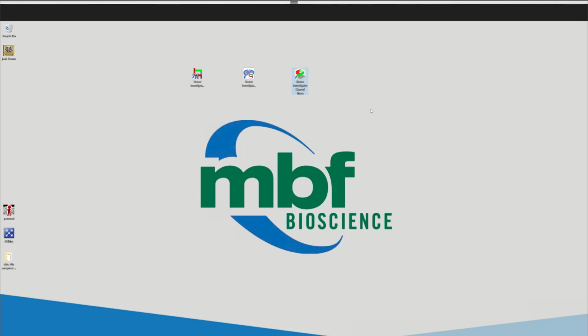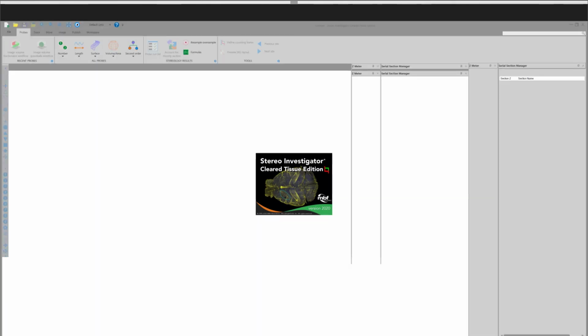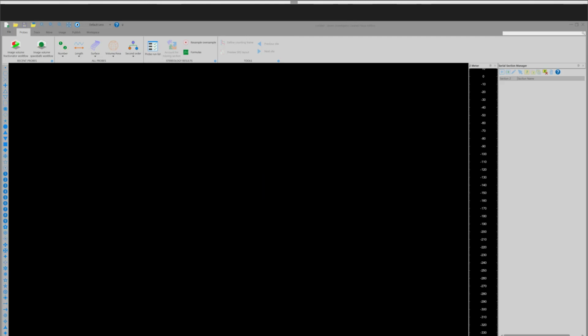But right now I want to open up Stereo Investigator Clear Tissue. Notice it's a counting frame inside of some clear tissue. And this is set up not for many physical sections, but for one big cleared piece of tissue.